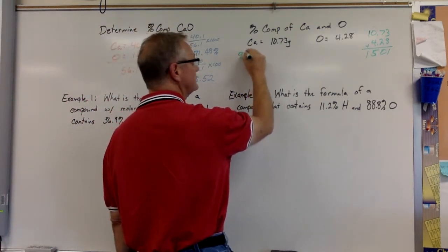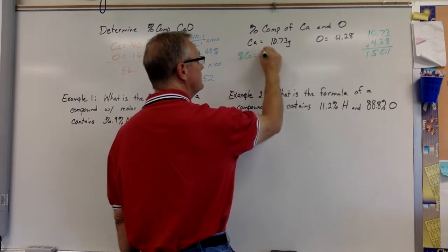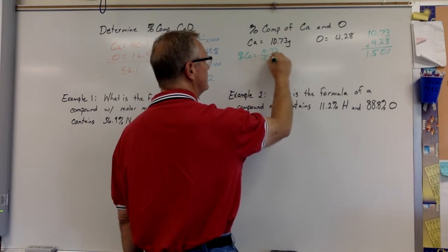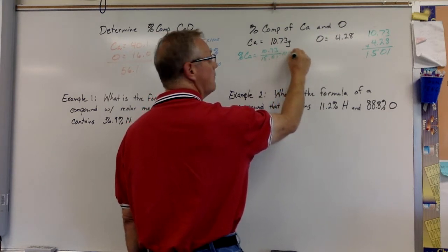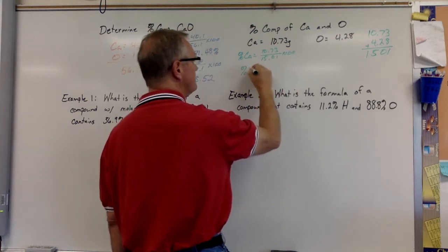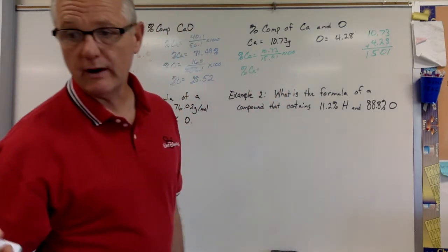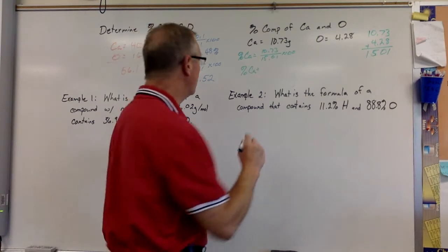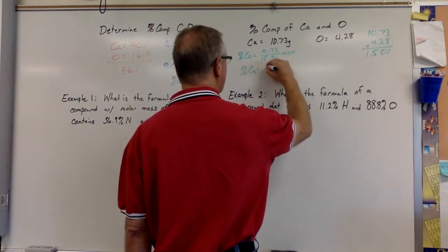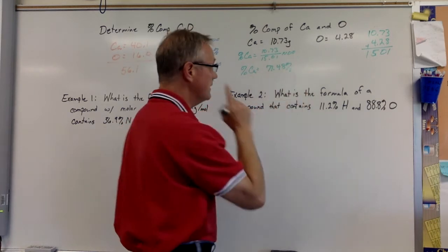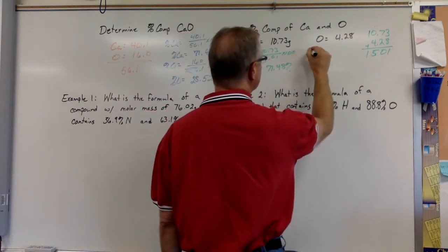Percent of my calcium: 10.73 divided by 15.01, multiply that by 100. When I do it mathematically, I get 71.48%. So let's do the oxygen.